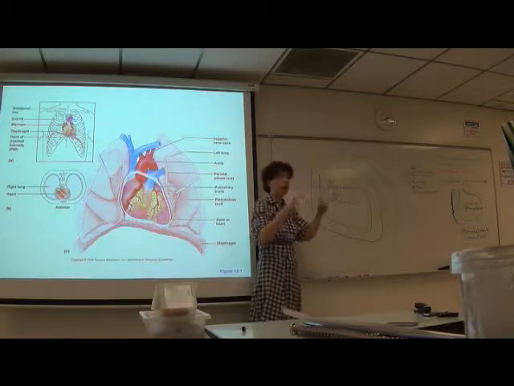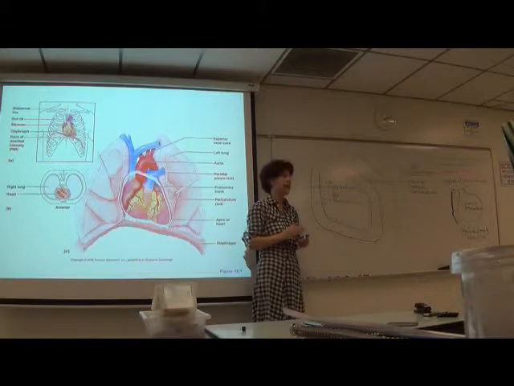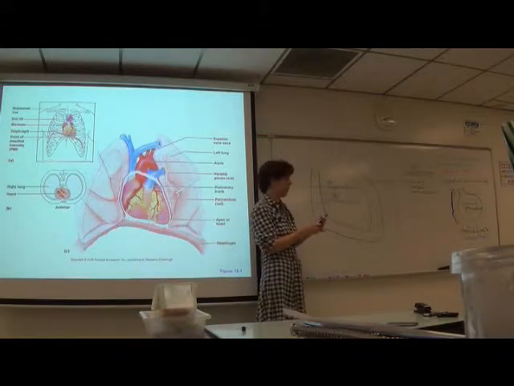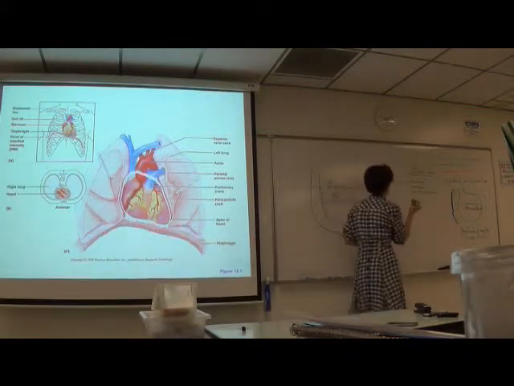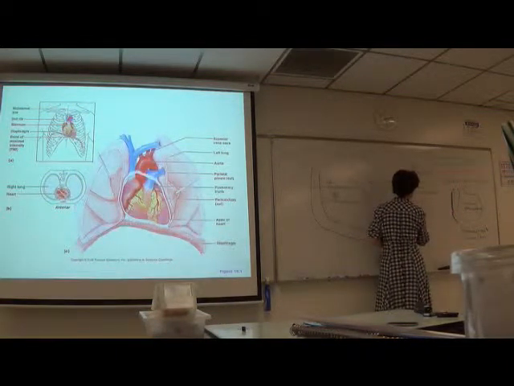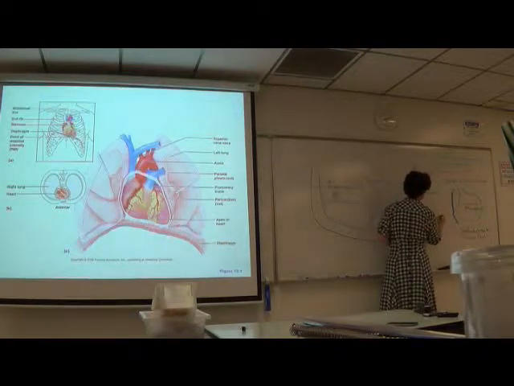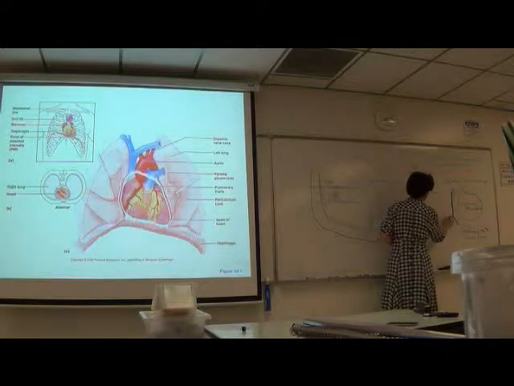So now this is part of our parietal pericardium. It is the serous layer. The green line is secreting a watery fluid. So this layer is going to be the serous parietal pericardium.